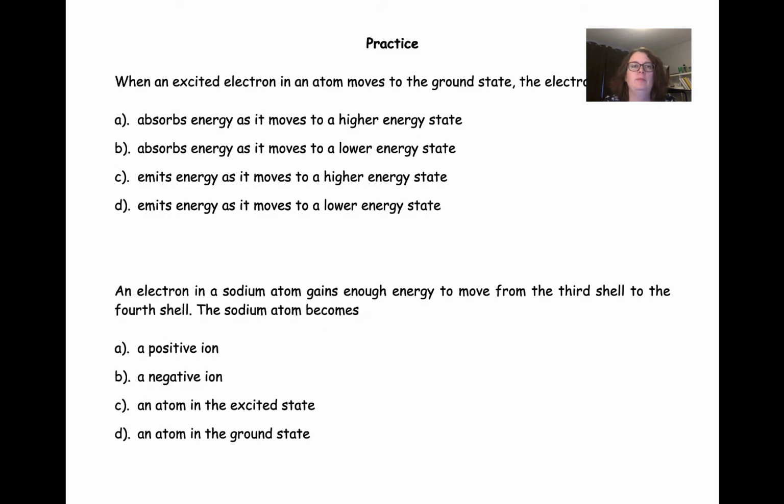So we can do a couple of practice problems here. When an excited electron in an atom moves to the ground state, the electron... we have lots of possibilities here. So if we think about what's going on, we have an electron in the excited state, and it's going to be moving back to the ground state.